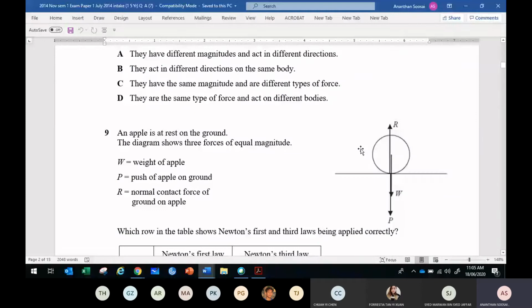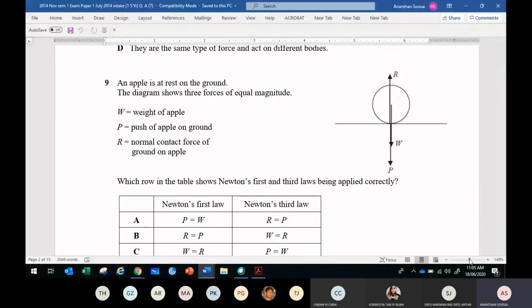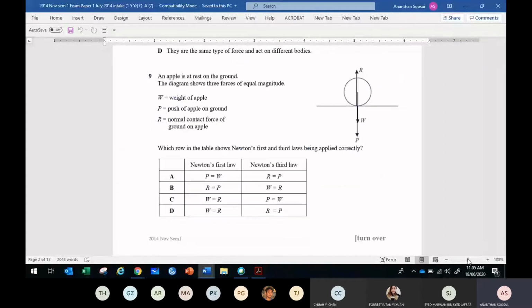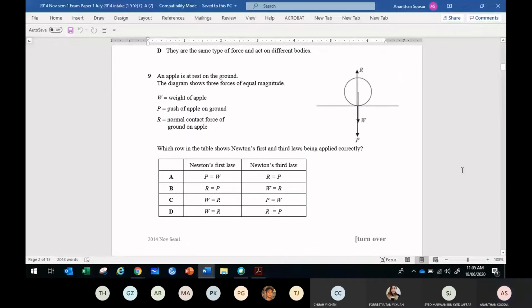Okay, good question. Number 9. Okay, class, everyone please give a try, those who haven't tried. Question 9. An apple is at rest on the ground.